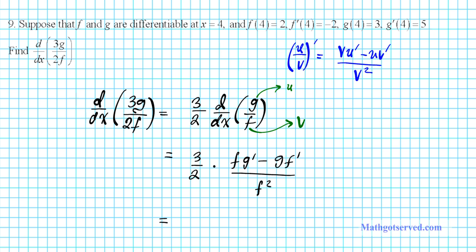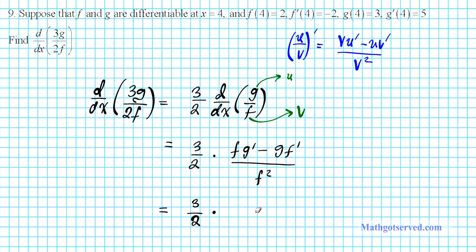We'll have 3 divided by 2 times f, which is 2, times g prime of 4, which is 5, as we can see here, minus g, which is 3, times f prime, which is negative 2, and that entire expression divided by f squared. f is 2, so if we square that, we have 4 down here.